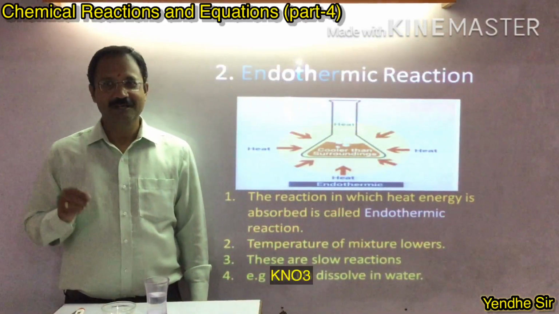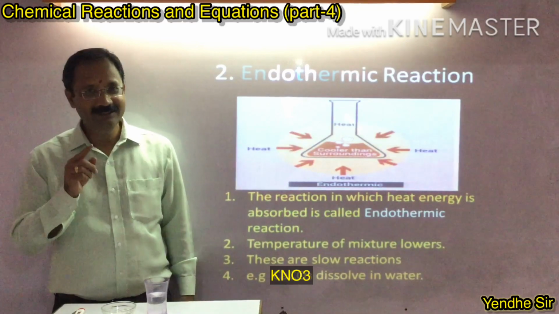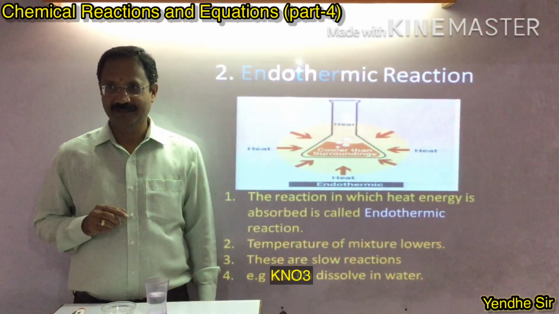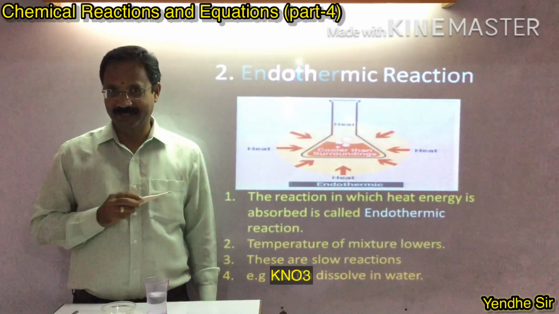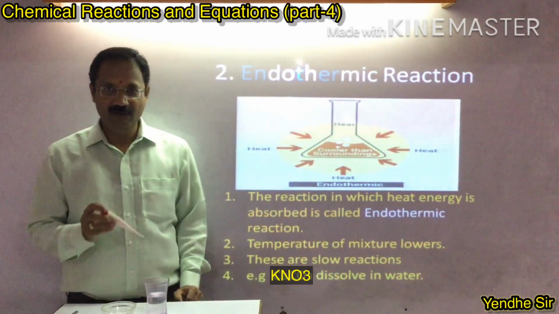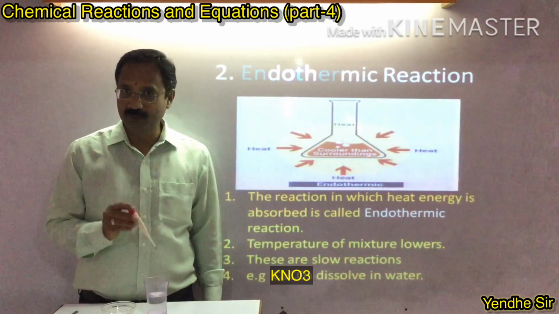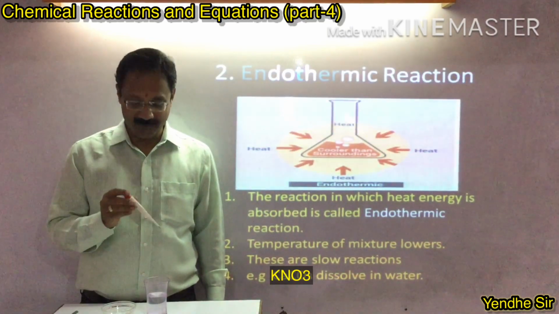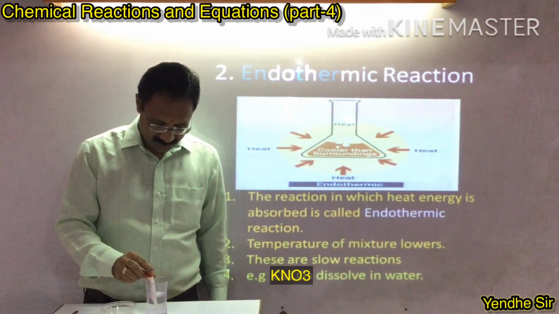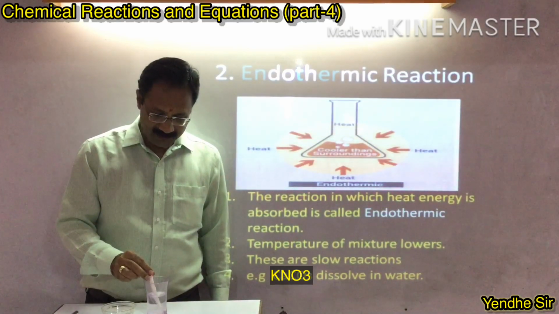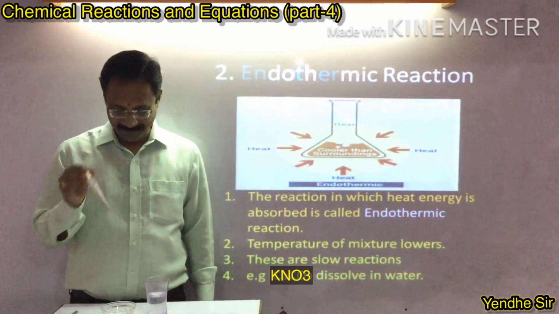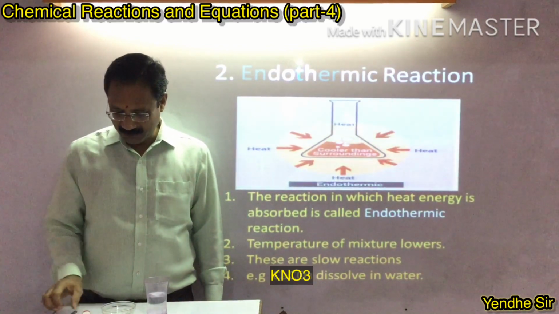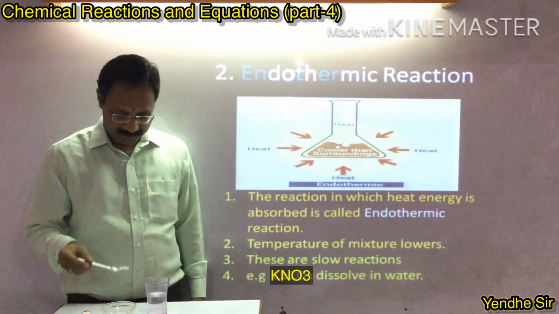Hello students. Now let's start with the endothermic reaction. Here we are going to do one experiment. Here I have taken water in a glass. Now I am going to measure the temperature of the water. See, the temperature of water is 22 degrees Celsius here. Now, I am going to add potassium nitrate.